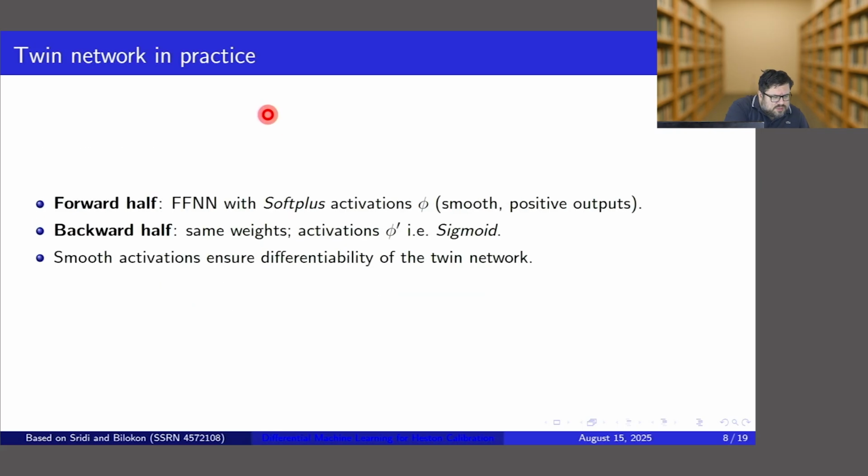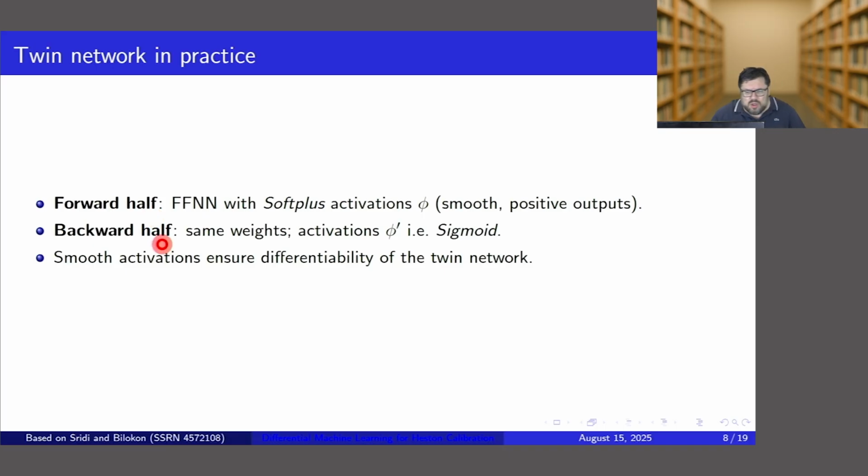Now, what does the twin network look like in practice? The architecture is conceptually simple, but with an important twist. The forward half is a standard feed-forward neural network using softplus activations, which is smooth and positive, which is useful because price outputs should behave smoothly, and we want differentiable activations for stable gradient computation.